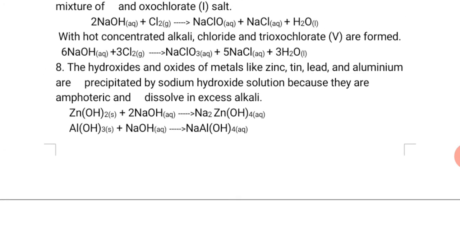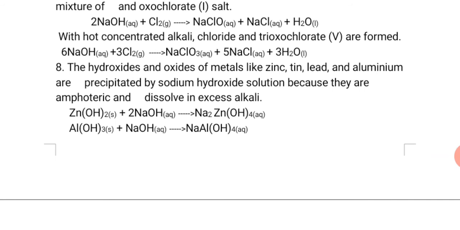8. The hydroxides and oxides of metals like zinc, tin, lead, and aluminium are precipitated by sodium hydroxide solution because they are amphoteric and dissolve in excess alkali.